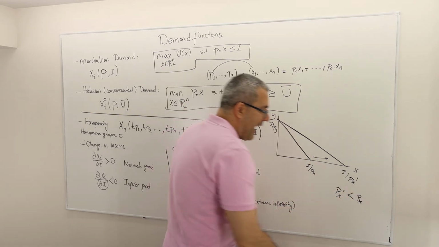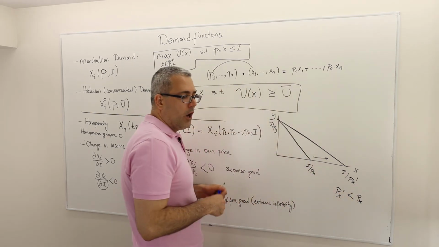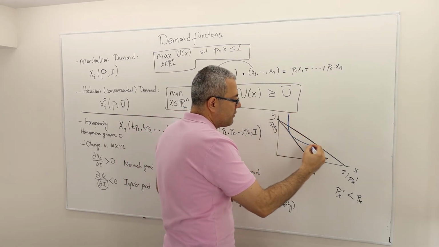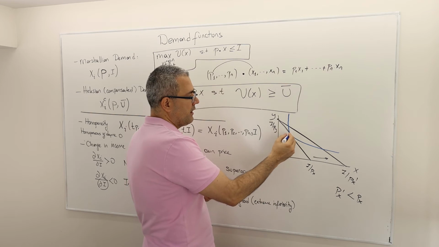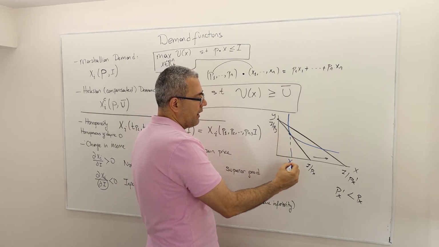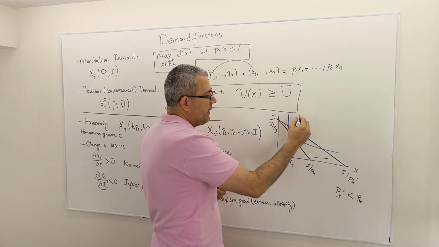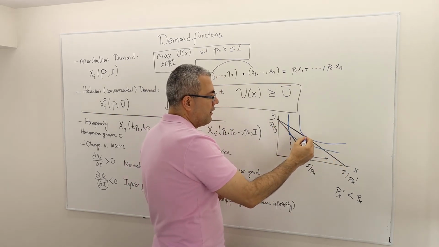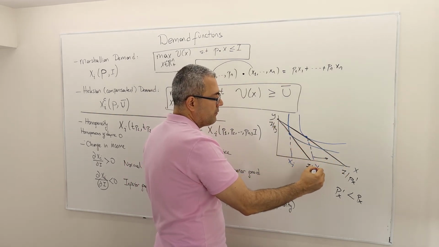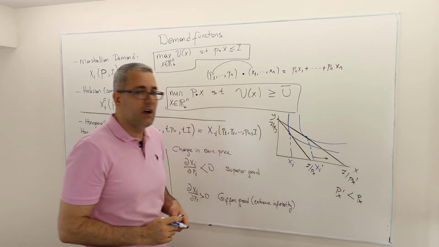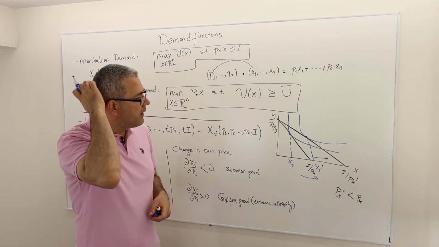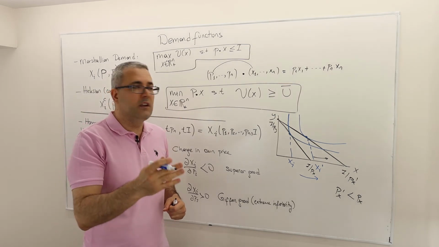So how is this going to change the optimization behavior? Let's suppose the individual's utility function was this, and this was the optimal Xi initially, but then this is the new budget line now. Therefore his behavior is going to increase to Xi prime. So clearly from Xi to Xi prime, the demand has increased.